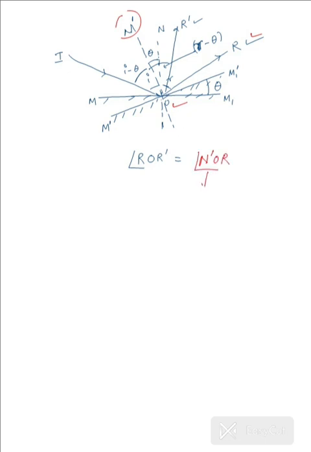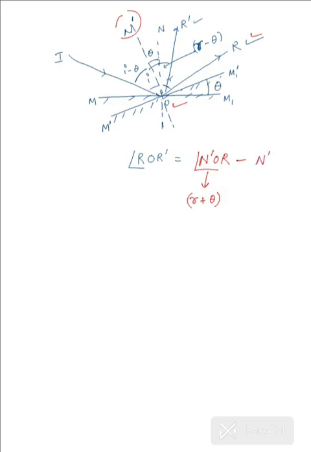This is equal to r plus theta because N prime has shifted through an angle theta from N, and R made an angle small r, that is the angle of reflection with respect to the normal N. So r plus theta over there, and then this is N prime OR minus, what we need to subtract from it is N prime OR prime.